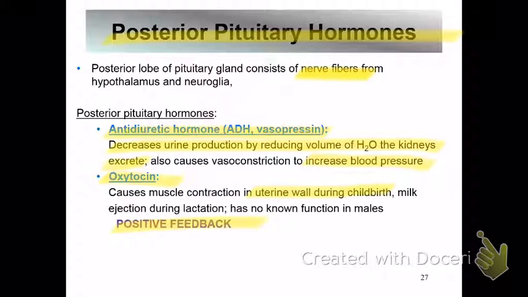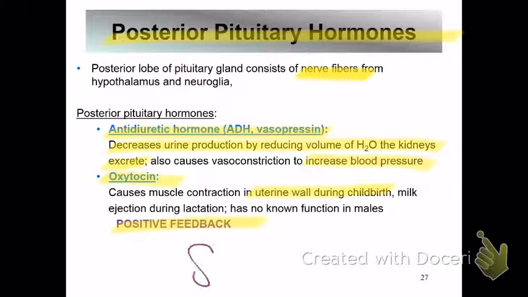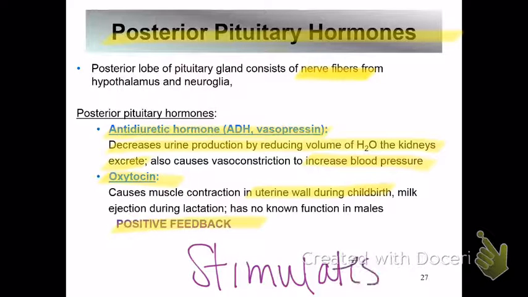That's negative feedback. Positive feedback is where releasing oxytocin causes your body to release more oxytocin. So it stimulates more. Where negative feedback is a regulator, positive feedback is a stimulator.